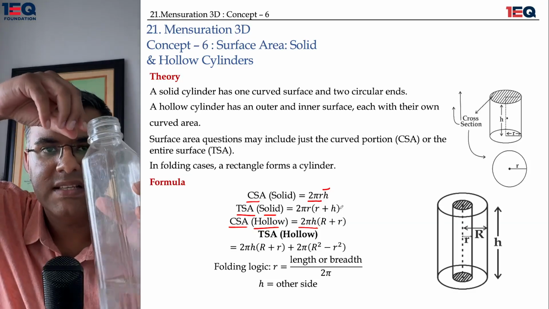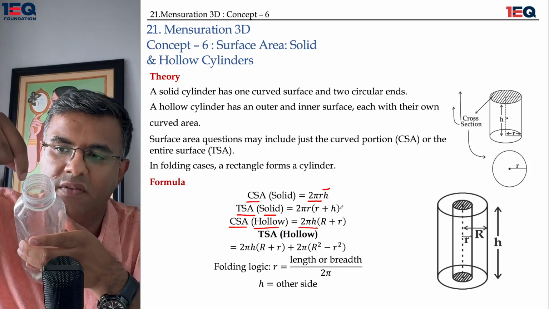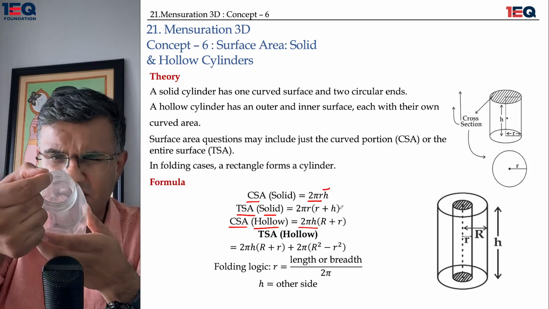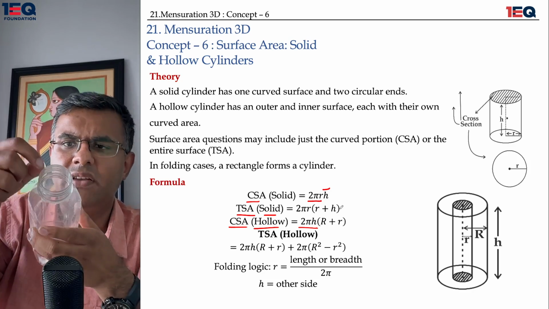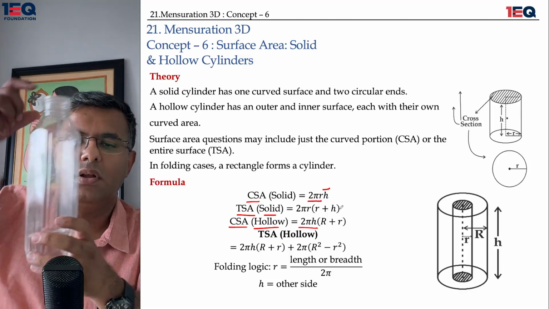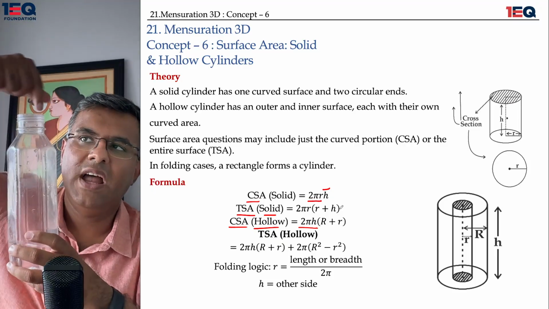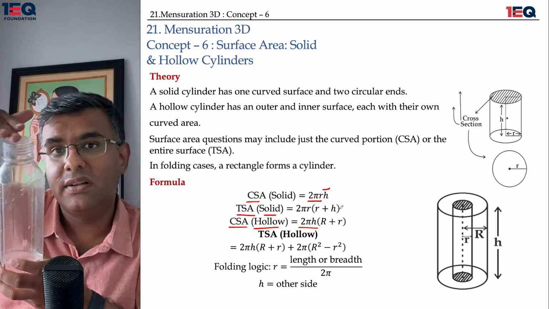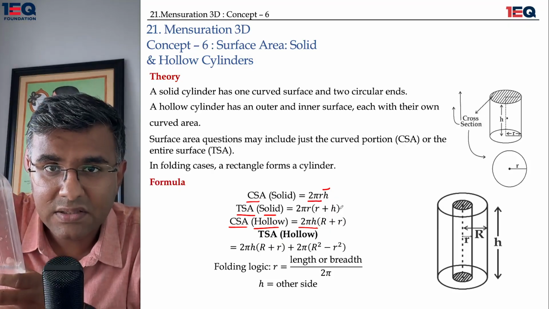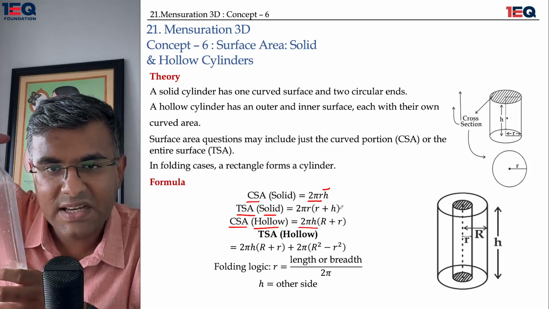Right now you can see this bottle doesn't have a lot of thickness, maybe even less than a millimeter. Let's assume it is a thick bottle. The outside radius would be bigger than that of the inside radius.